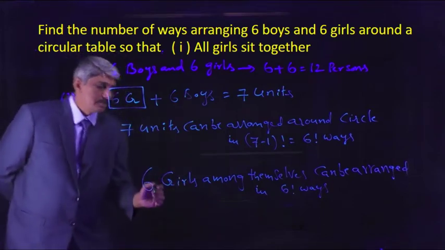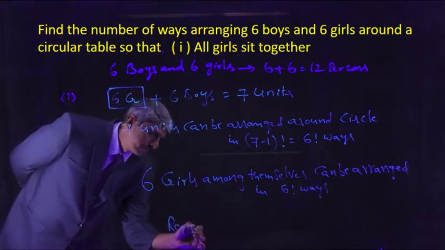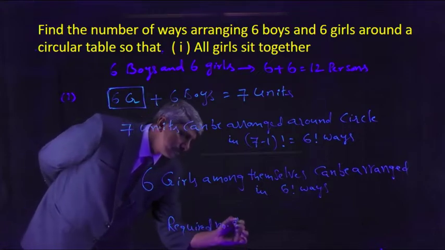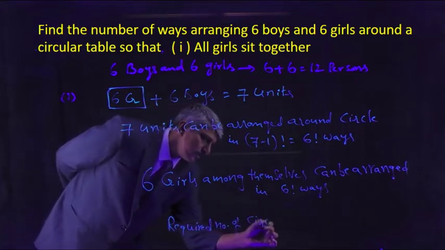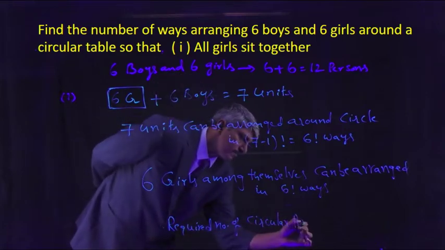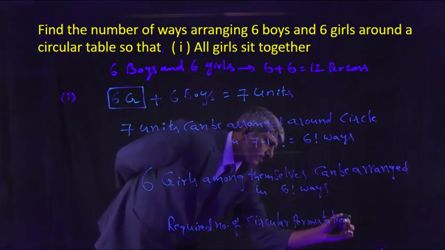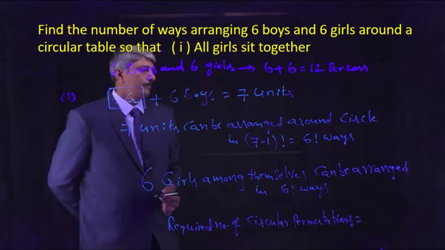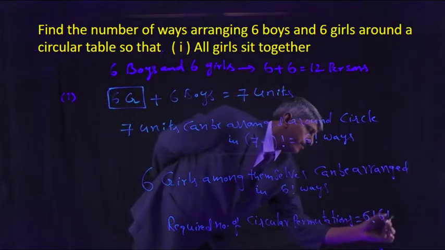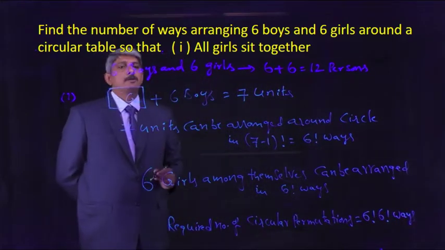By the counting principle, the required number of circular permutations is equal to 6 factorial times 6 factorial ways.